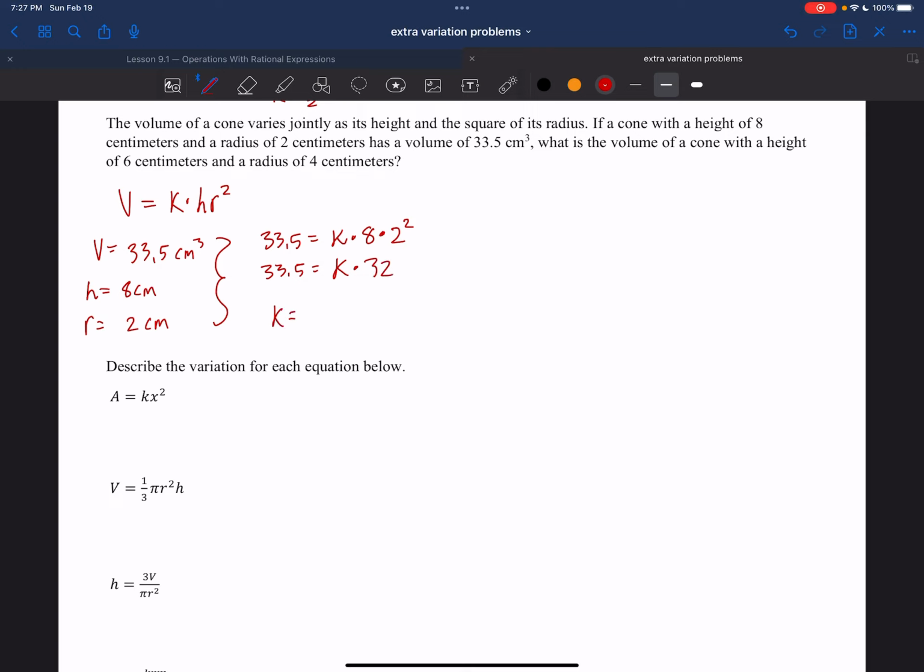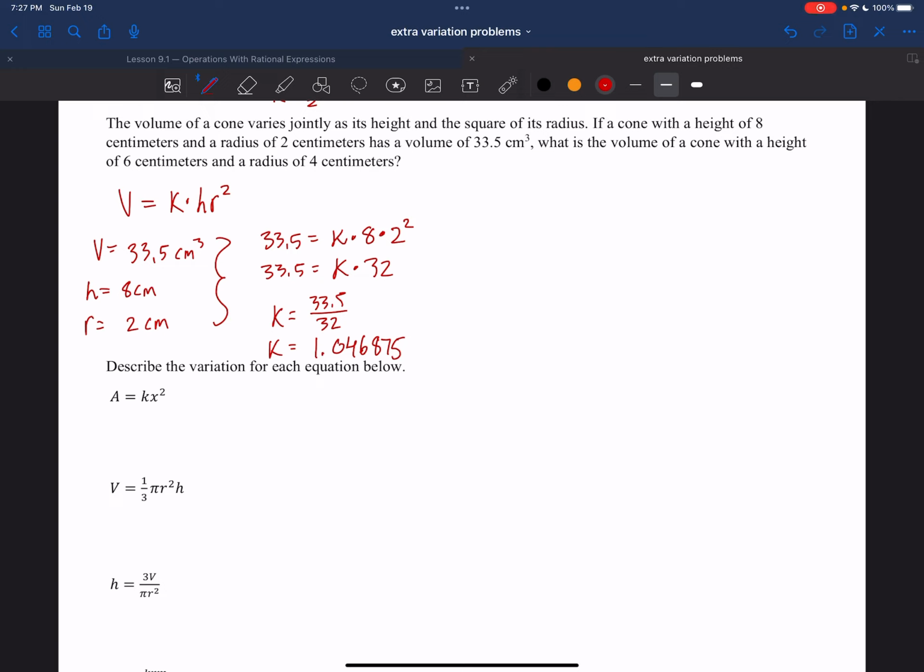So it looks like K is going to be 33.5 divided by 32, which means K equals, let's take our calculator, 33.5 divided by 32 is 1.046875 is what I'm getting. You don't have to go that far with the decimals, but you can.